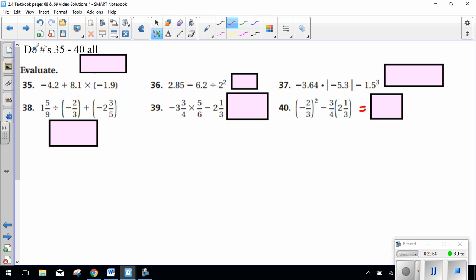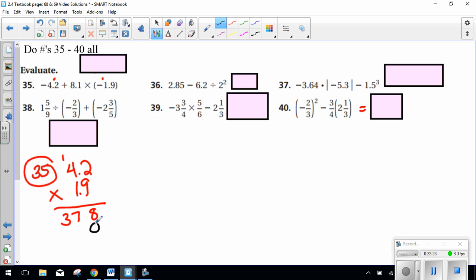Okay, let's move on. We're now going to do 35 to 40 all. So for 35, I'm simply multiplying 3 decimals. So I'm going to do the 2 negatives first just to get them out of the way, because I know a negative times a negative is going to be a positive. So 4 and 2/10, 1 and 9/10. 9 times 2 is 18. 9 times 4 is 36, and 1 is 37.